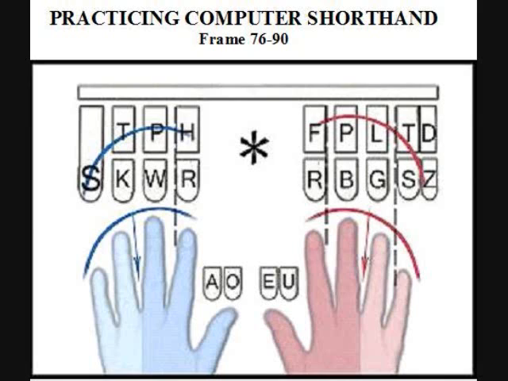And this is also a brief for the word the. Pardon me. Frame 80 is final TH.